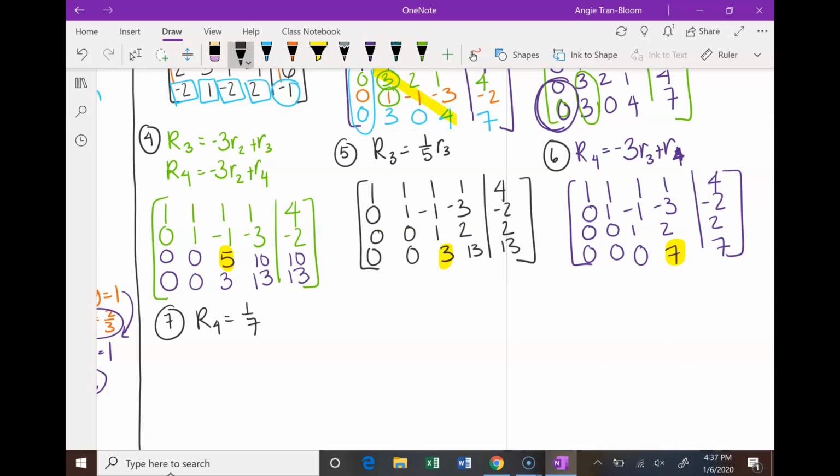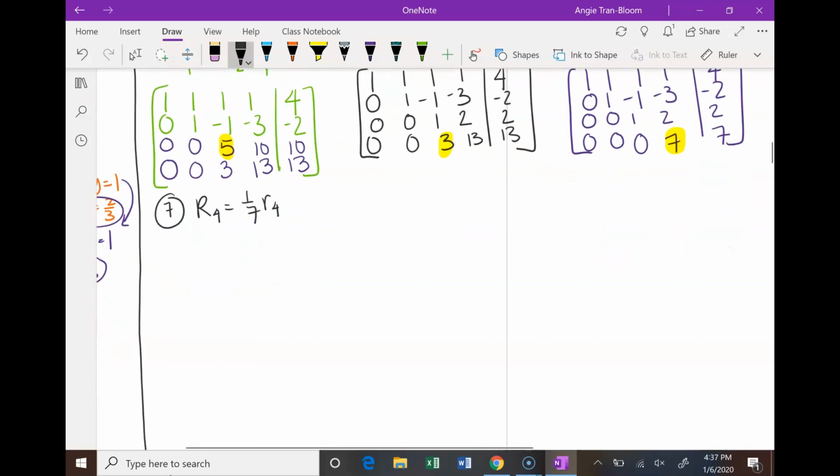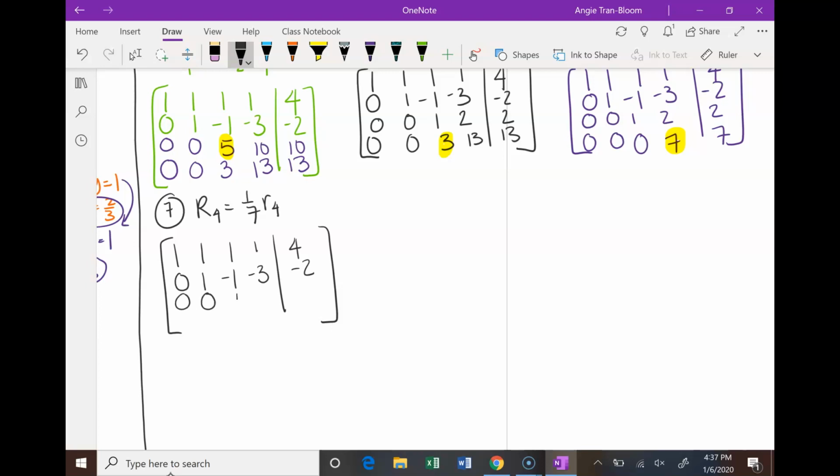To get that a 1, we multiply the original entries of row 4 by 1/7. That means the first 3 rows did not get changed: 4, 0, 1, -1, -3, -2, 0, 0, 1, 2, and 2, 0, 0, 0, 1. 1/7 times 7 is 1, and then 1.